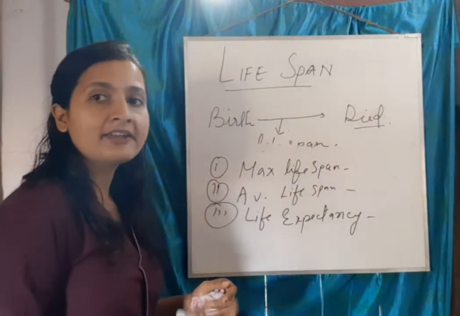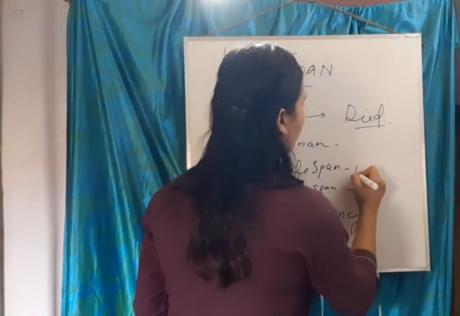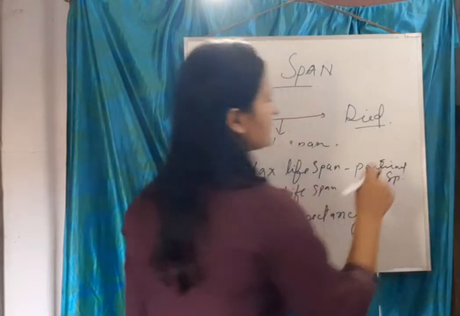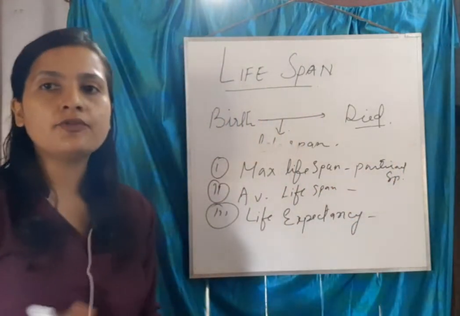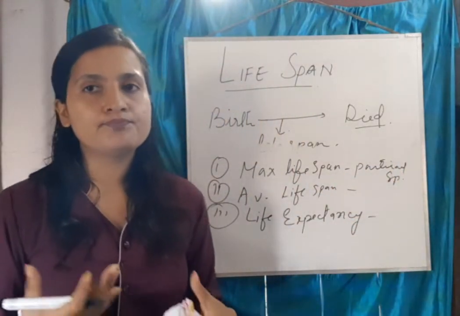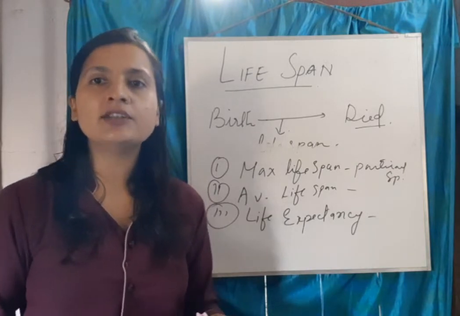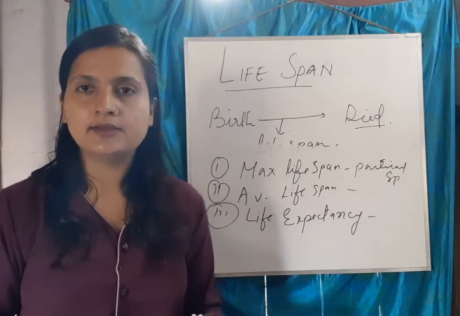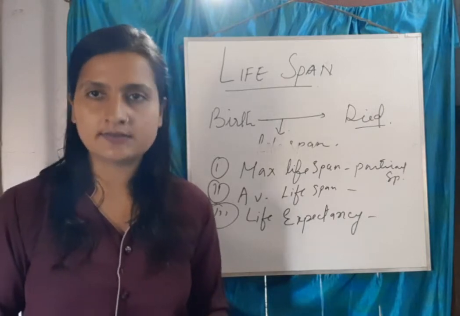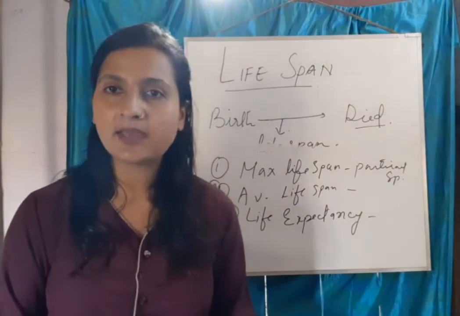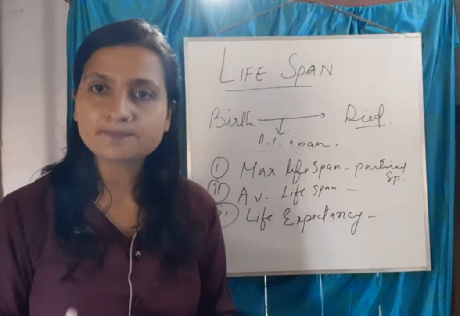Maximum lifespan is related to a particular species. Say for example, a dog. Suppose one of the dogs survives for 50 years. So that would be the maximum lifespan of that particular species.